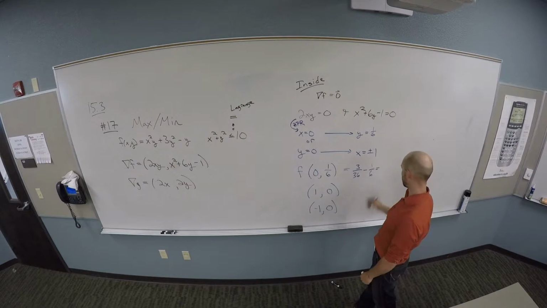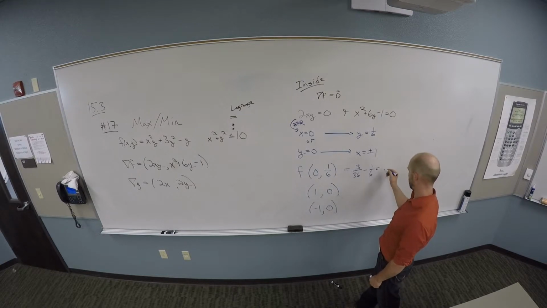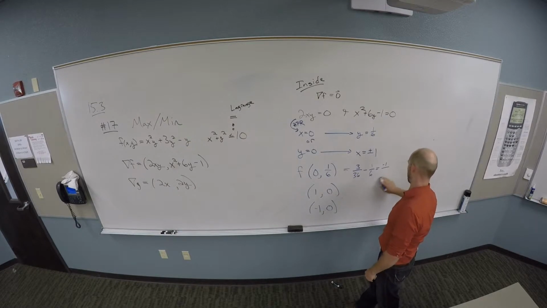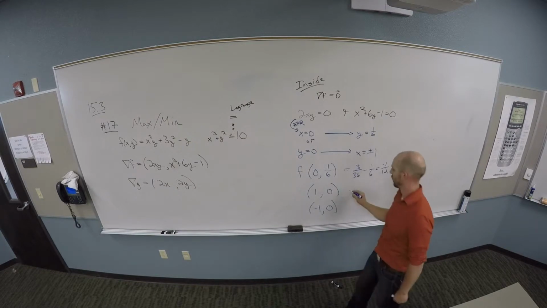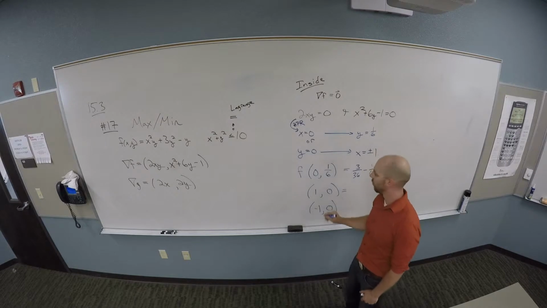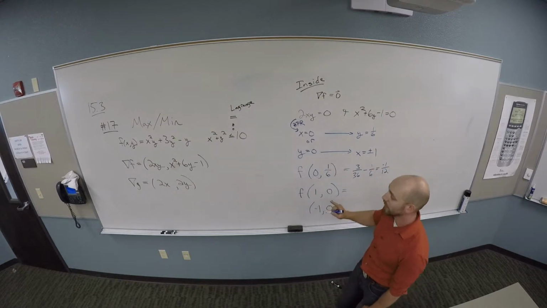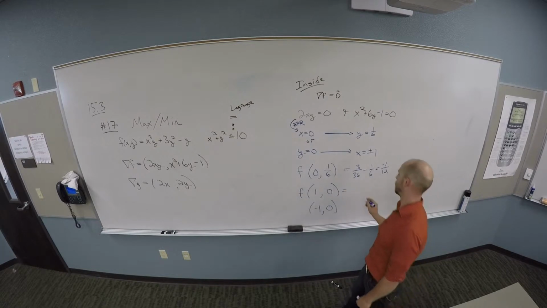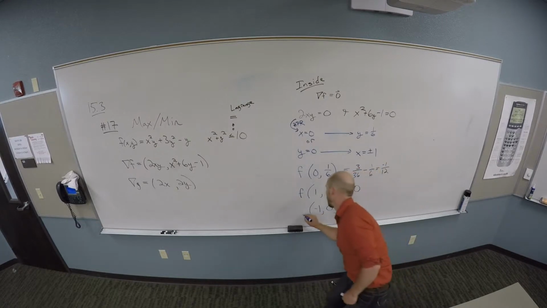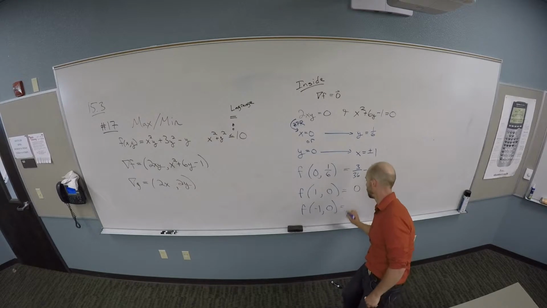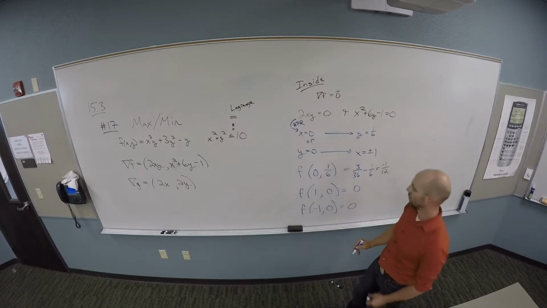And you guys are saying that's negative 1/12? Yeah, negative 1/12. And f of 1 and 0 is 0, and f of negative 1 and 0 is also 0.